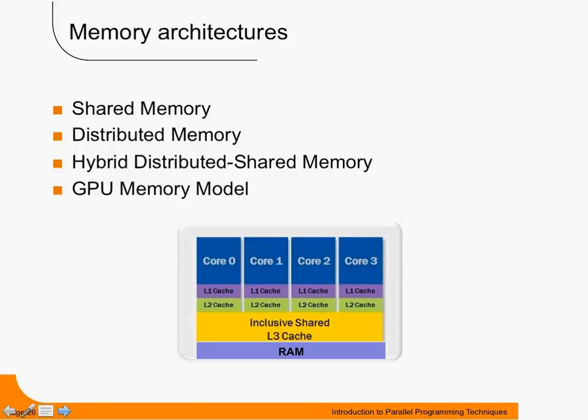So when I say memory architecture, I'm mostly going to talk about this main memory, the random access memory, and how we can use it for parallelism.